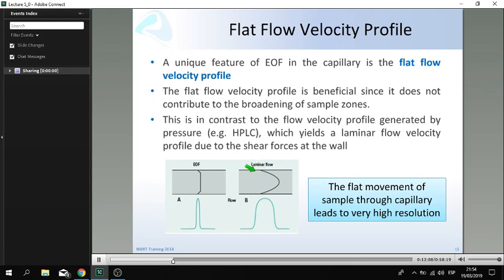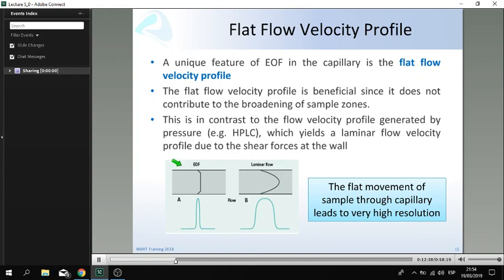Every time you have a pump, that generates laminar flow of sample through your column. That means there are quite a lot of shear forces at the wall that stop your sample from moving completely uniformly. So you can see this main part is moving quicker than the parts close to the sides, which are held back because of shear forces.